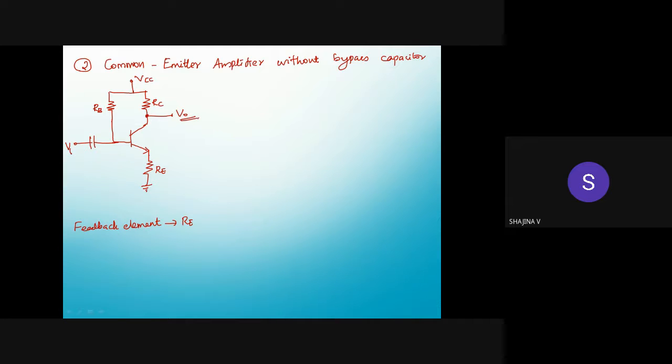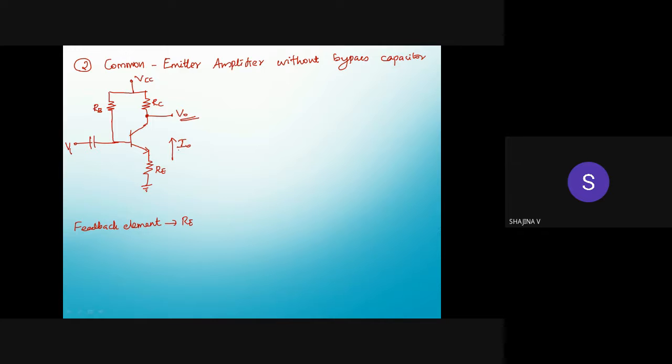Here you can see my output is taken from here, that is my Vout. And I am not taking feedback from this node. If we took feedback from this node, it would be voltage sampling. But we are taking feedback from here. Here there will be a current flow through the output circuit, say Io.